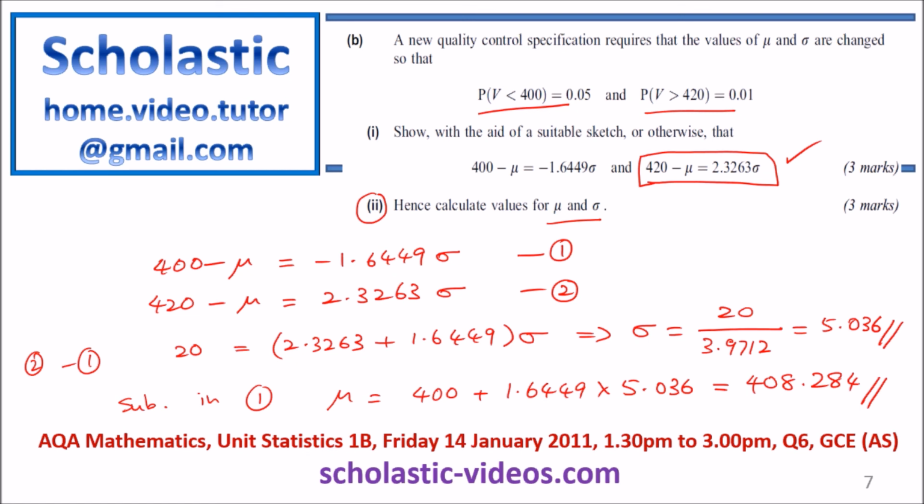Excellent. That is the answer. It's quite simple. What we have to do is to visualize whatever the values given by using simple sketches, and then try to read the appropriate areas or appropriate values in Z according to the given conditions. Thank you.